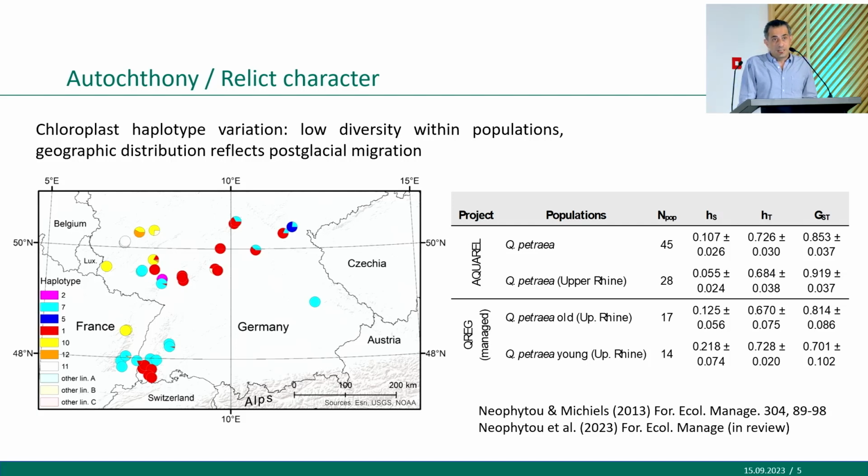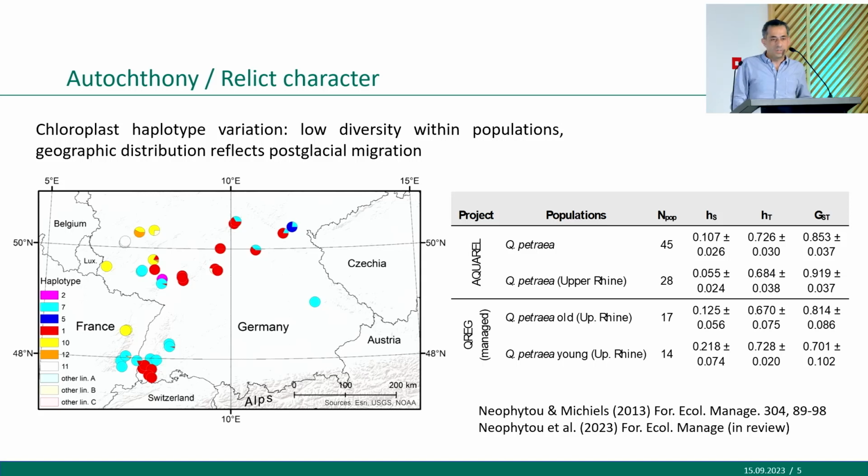Here we could observe the known post-glacial recolonization pathways, but we could also observe a very low intra-population variation. Although I have to say we went beyond the standard and we genotyped 24 individuals per stand.